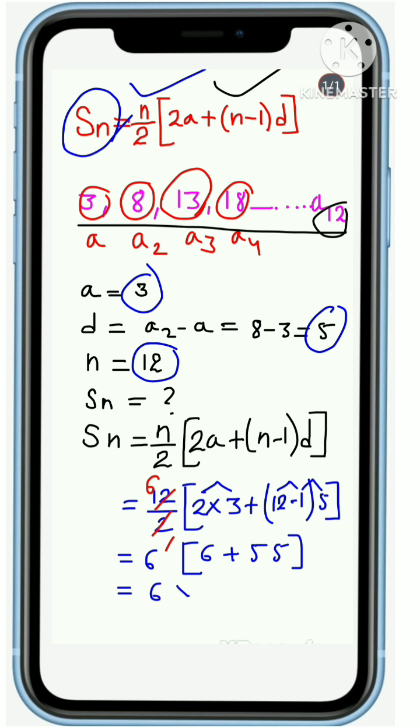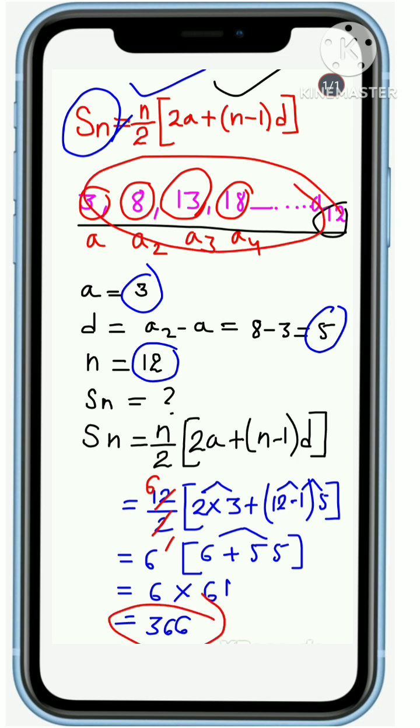Now 6 into, and after adding these two, we obtain 61. Now 6 1s are 6, 6 6s are 36. In this way, we have obtained the sum of this AP by using this formula.